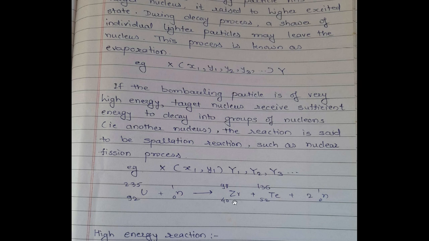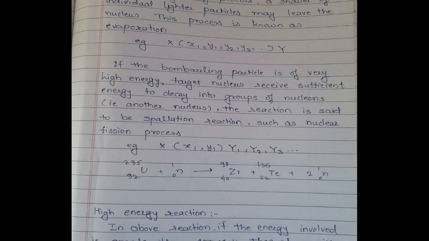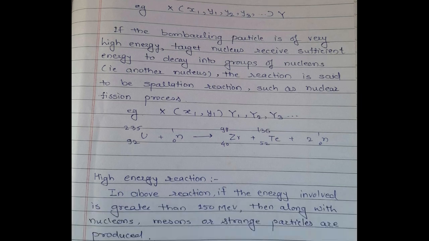Many nuclei will be formed in the spallation reaction, unlike the evaporation process. In the spallation reaction, we get a number of product nuclei along with some product particles, which requires quite higher energy as compared to the evaporation process. So this is what we call the spallation reaction.